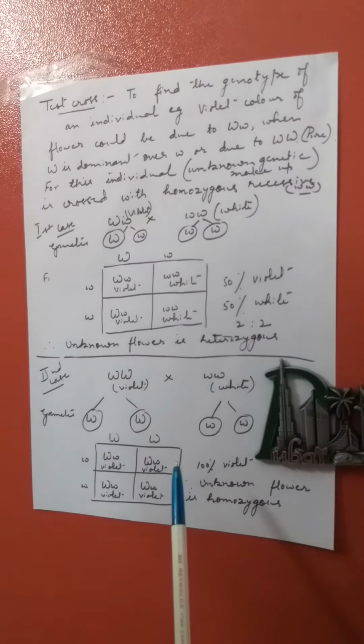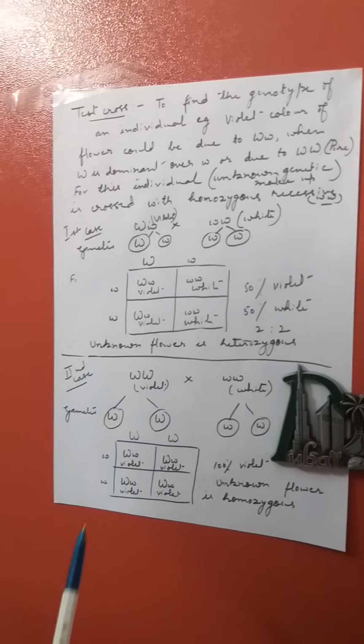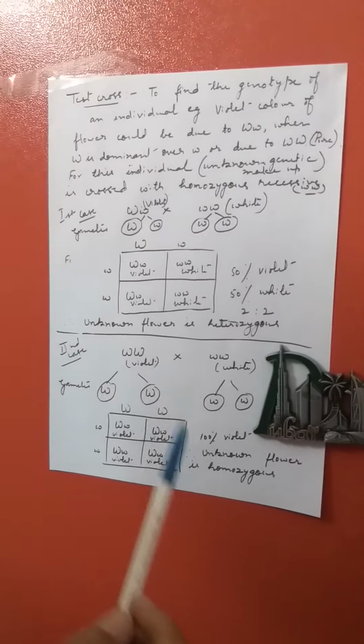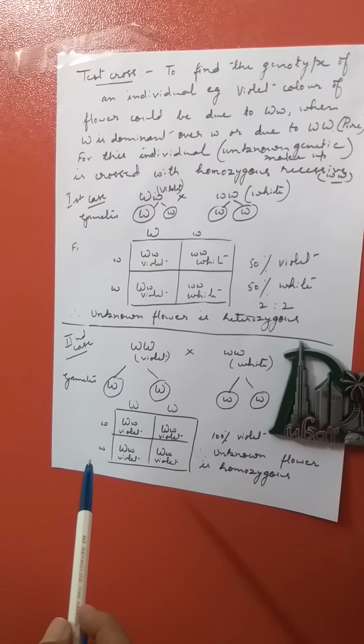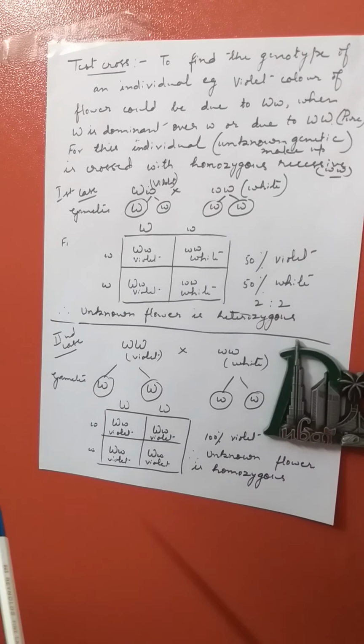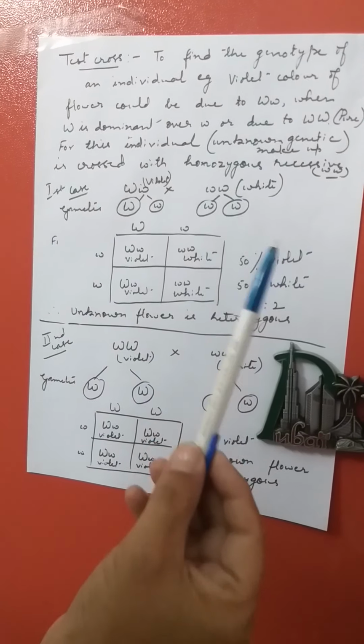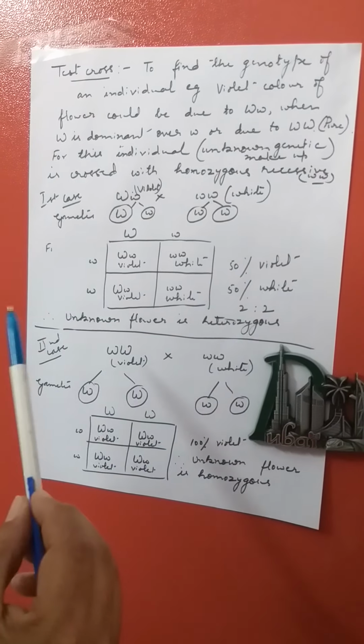So, what is the use of test cross? To know the genotype of the unknown individual. If the individual is pure and we are sure, it means there is no need of test cross. Suppose it is white. No need of test cross, it is white, it means it is recessive.